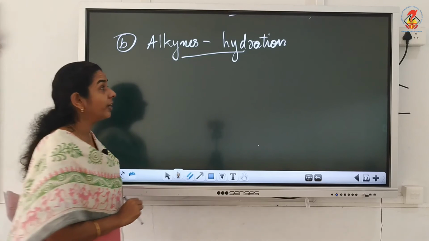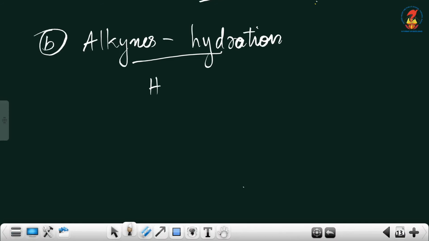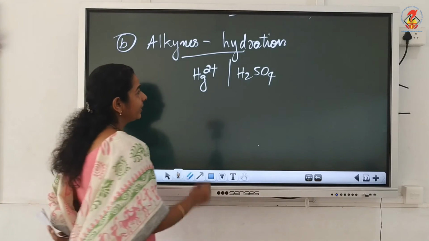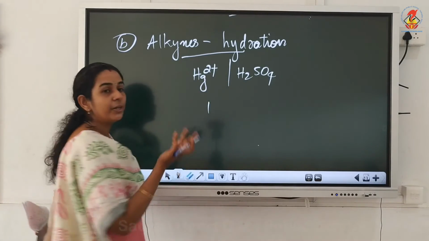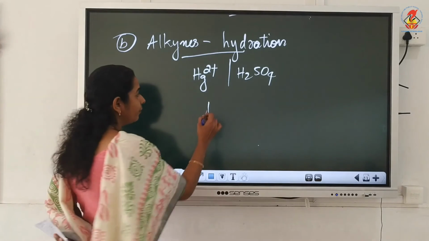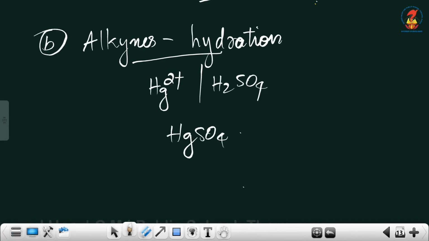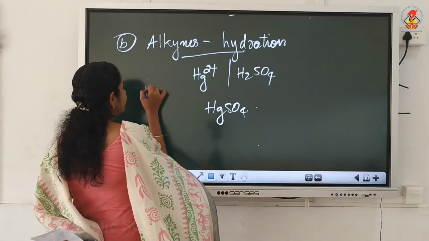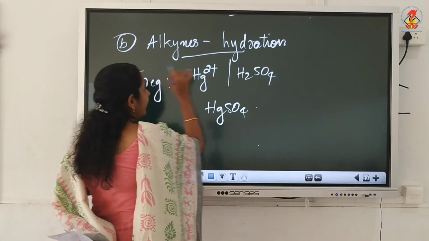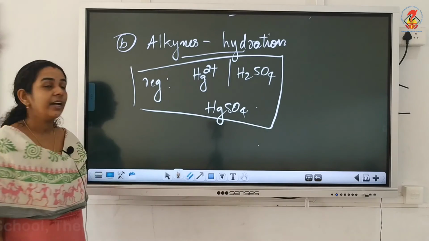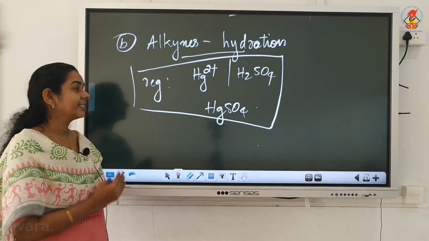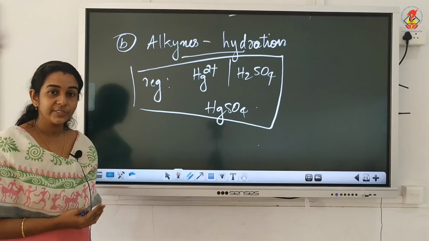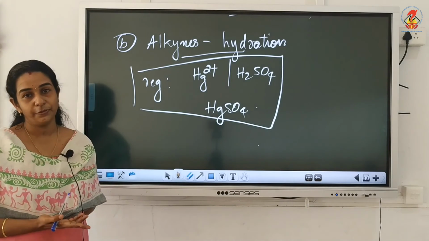The reagent is either Hg2+ in presence of H2SO4, or we know that mercury when it reacts with sulfuric acid gives HgSO4. So the reagent we use for the hydration of alkynes is mercury in presence of sulfuric acid, or mercuric sulfate.